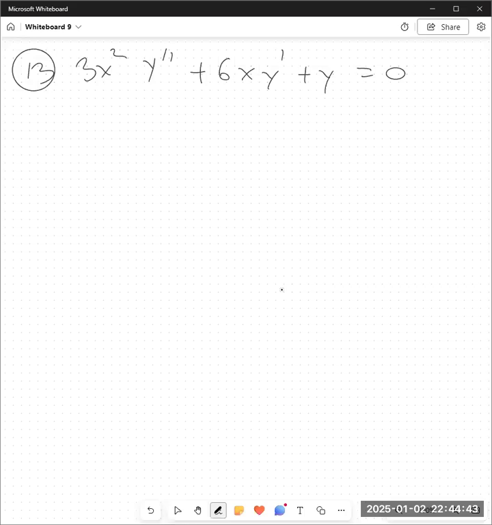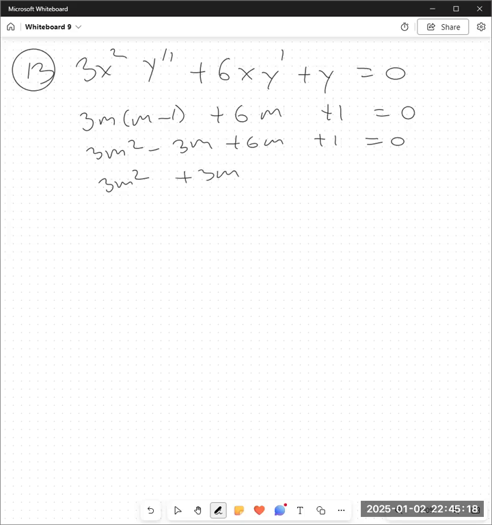So this is 3 times m times m minus 1 plus 6m plus 1 equals 0. 3m squared minus 3m plus 6m plus 1 is 0. 3m squared plus 3m plus 1 is equal to 0.